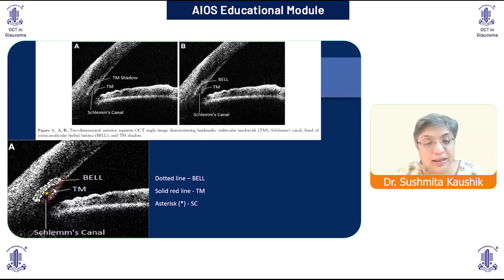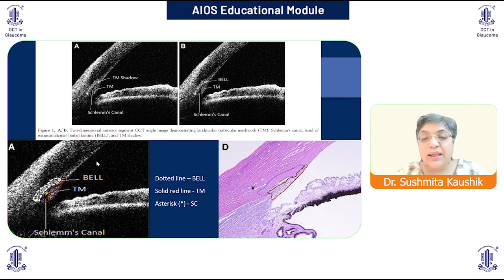This is the drawing of the BELL, so to say. This is the trabecular meshwork, and between them, as you know, the trabecular meshwork makes the Schlemm's canal by joining the roof of the scleral sulcus. So the dotted line is BELL, the solid red line is trabecular meshwork, and the asterisk is the Schlemm's canal. And this correlates very well to histology.